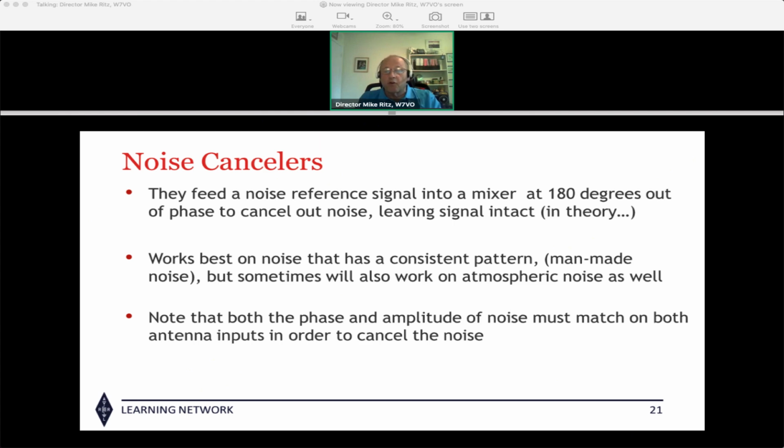The phase of the noise and the phase of the signal are the same, and the amplitude of the noise is the same as the amplitude of the signal. Once again, there's no magic bullet. Your results may vary. You may find it doesn't work for you at all, but you can buy these things for $50 at a ham swap, pick one up and try it.